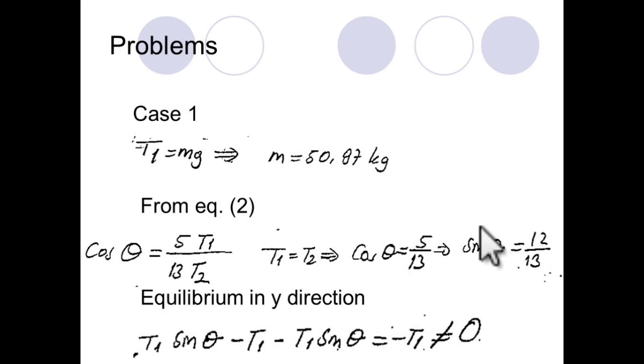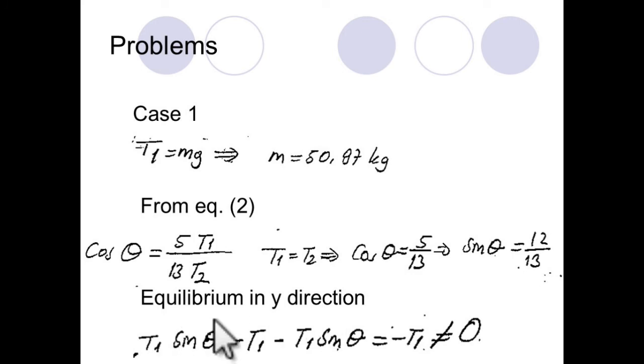And if we say that T1 is equal to T2, so they carry the maximum load, cosine theta will be equal to 5 divided by 13, and sine theta will be 12 divided by 13. Okay, this is one approach. So both cords carry the maximum load. Let's check the equilibrium in y direction, because equilibrium in y direction has to be satisfied.